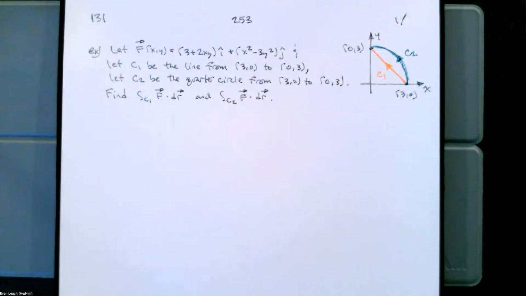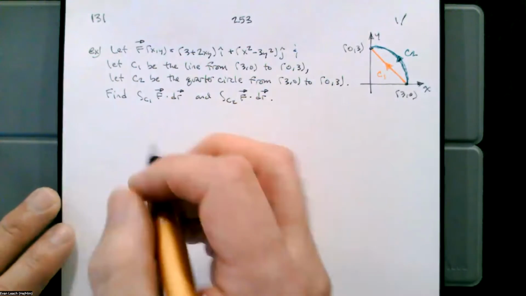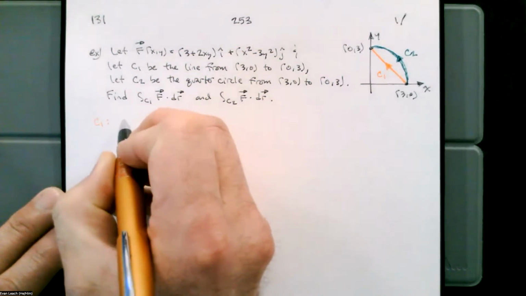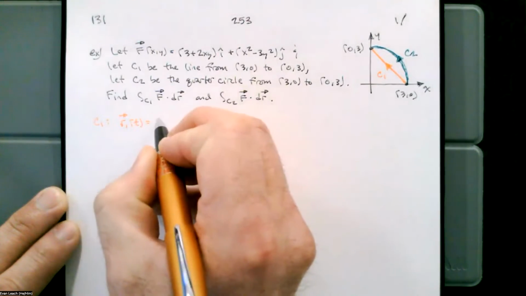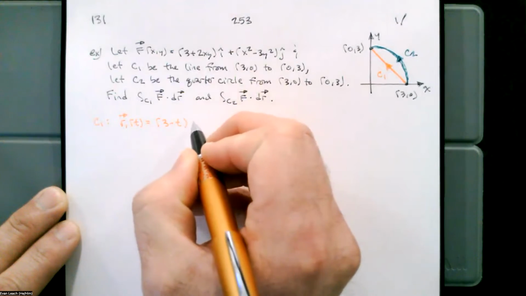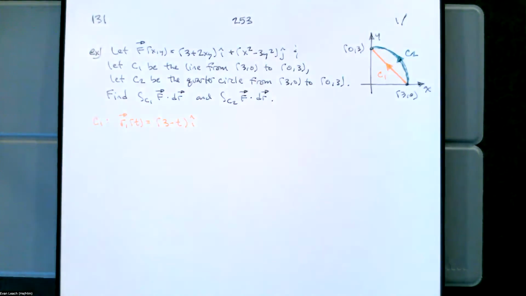Let's see what happens to the x. x starts off at 3 and drops down to 0. So for C1, we're going to parameterize r1 of t. The x starts off at 3 and decreases to 0 in, let's say, 3 units.